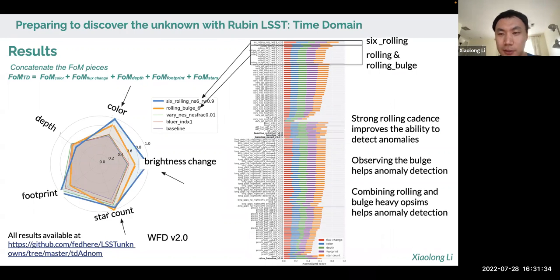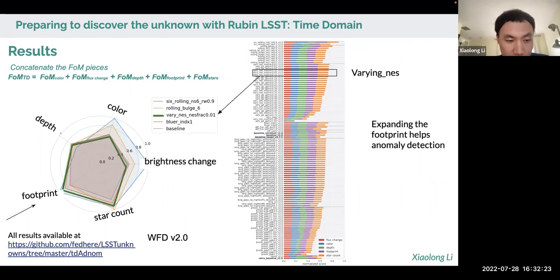Under our metrics, the rolling ones, the 6 rolling opsims, and some rolling bulge perform the best, specifically because they perform best in the color and the brightness change, because the rolling family improved the diversity in time gaps, and the rolling bulge adds observations to the galactic bulge, so it performs better at the star count metrics.